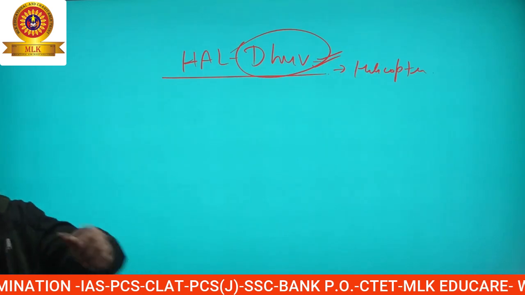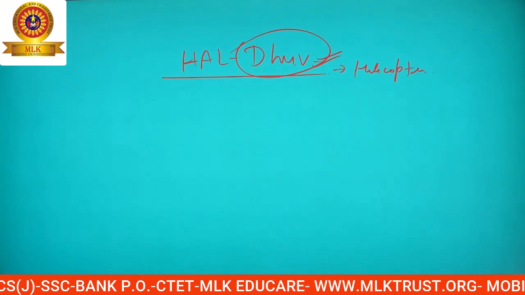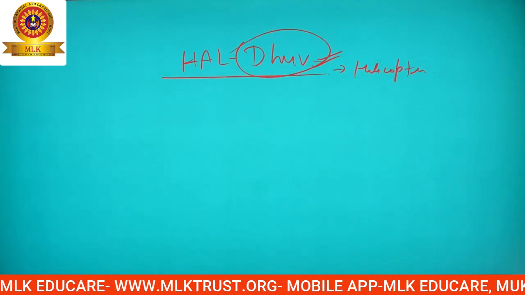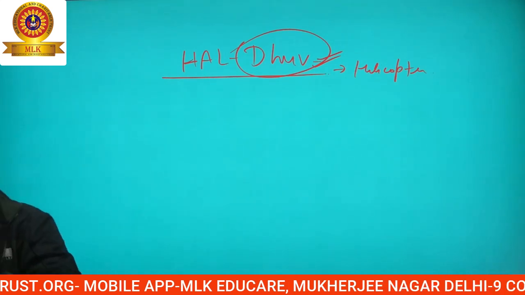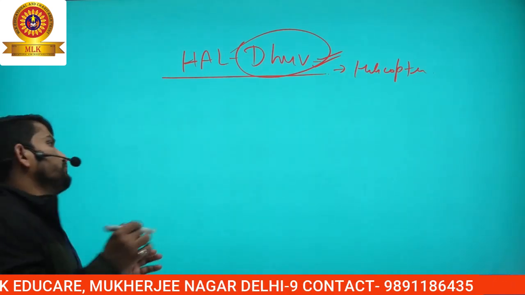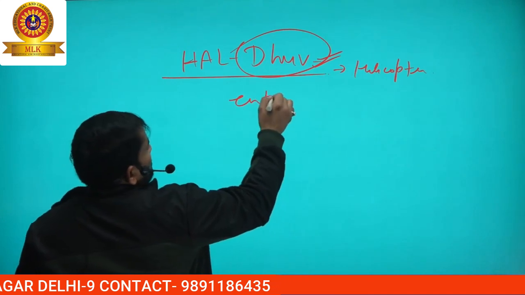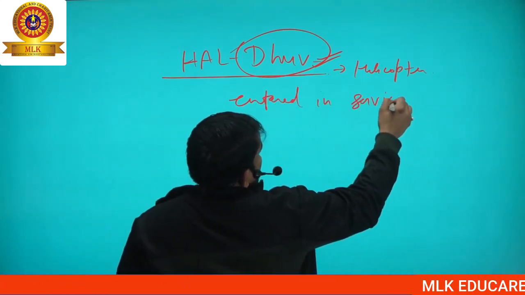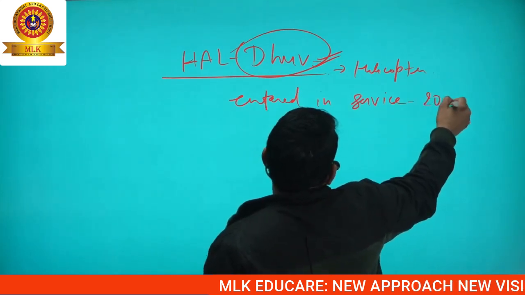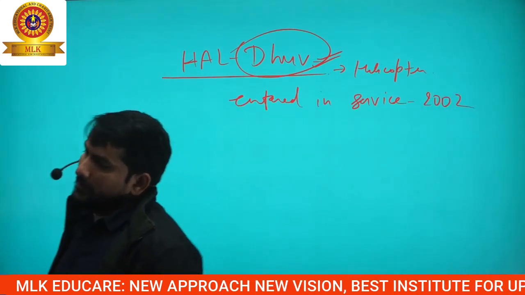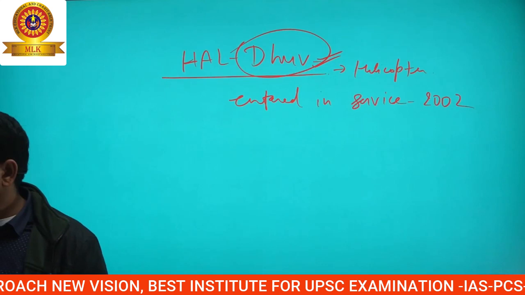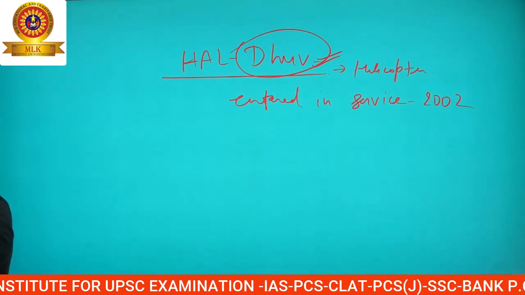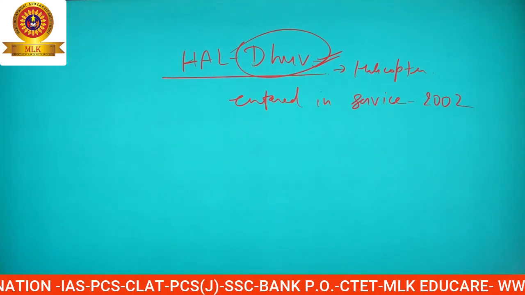It is a helicopter developed and manufactured by India's Hindustan Aeronautics Limited, and entered service in 2002. That means from 2002 till now, the helicopter is providing service.